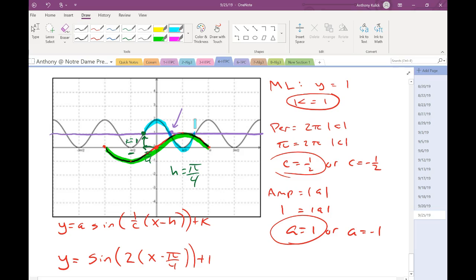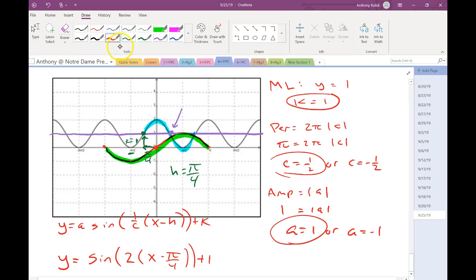The blue part and the green part should match up, but they're going opposite ways, right? The blue part starts above the midline and then goes under the midline. The green part starts under the midline and then goes above. So there would be a reflection if we chose to do a translation to the right, which would be fine. That's still an acceptable answer.